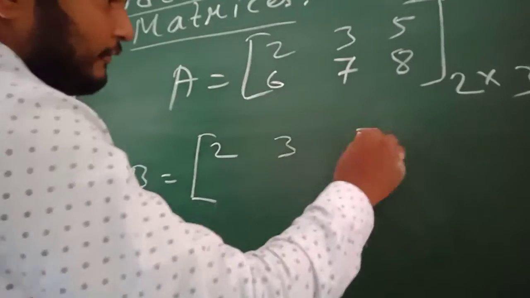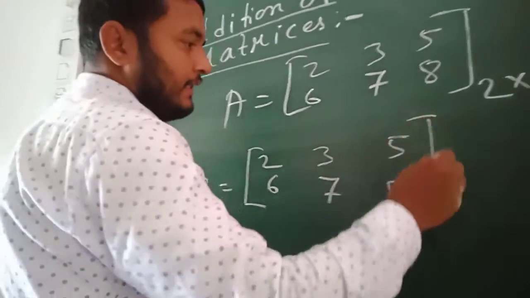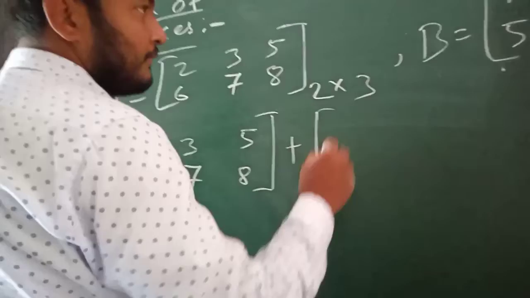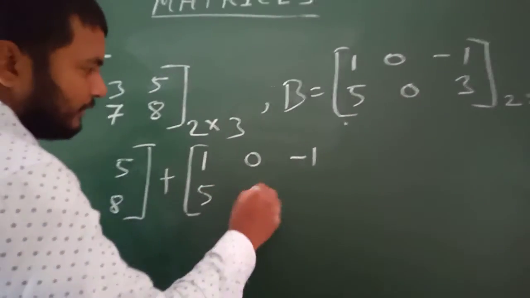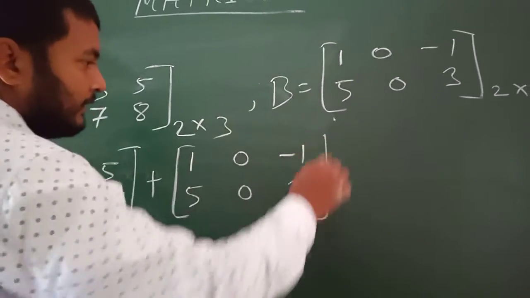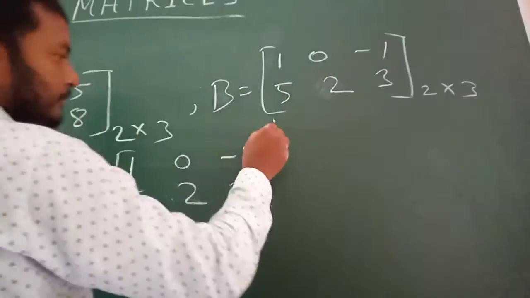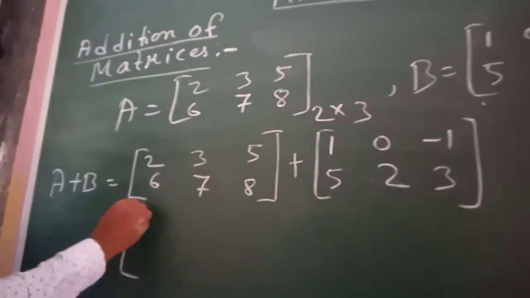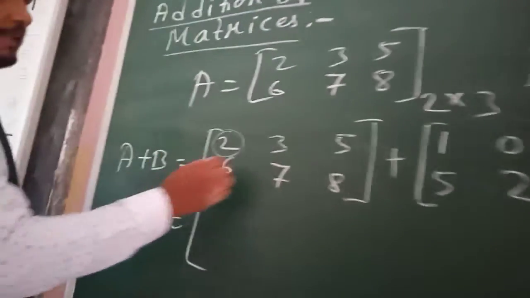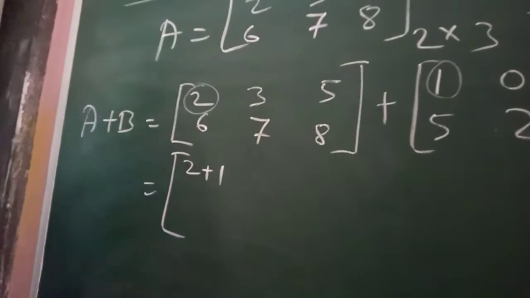2, 3, 5, 6, 7, 8, and here 1, 0, minus 1, 5, 0, 3. Then how to add this? This element and this element we will add, that is 2 plus 1.